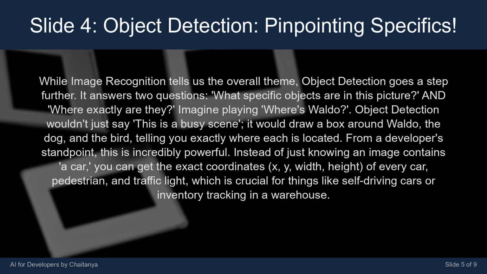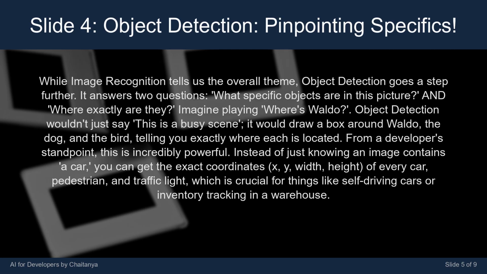While image recognition tells us the overall theme, object detection goes a step further. It answers 2 questions. What specific objects are in this picture? And where exactly are they? Imagine playing "Where's Waldo?" Object detection wouldn't just say, "This is a busy scene." It would draw a box around Waldo, the dog, and the bird, telling you exactly where each is located.